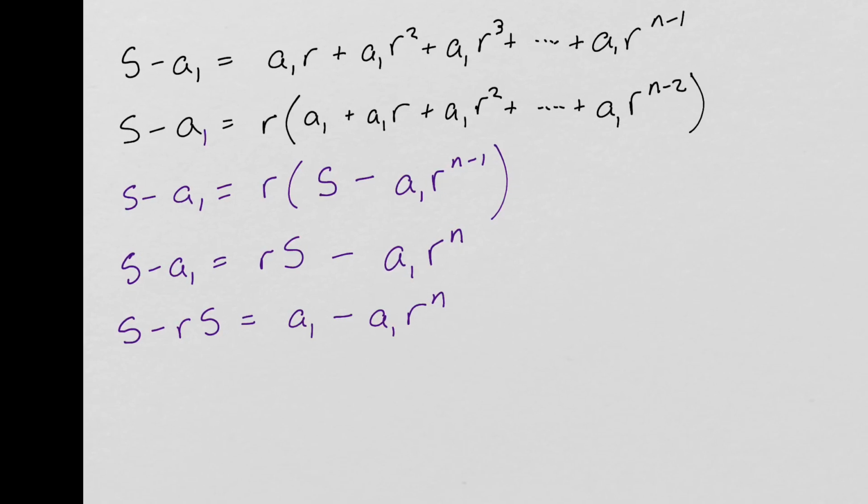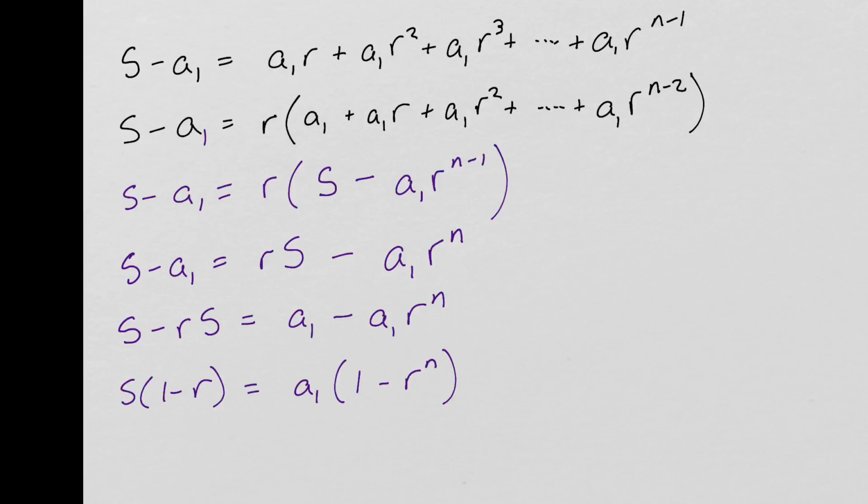We're really, really close. We can write S times 1 minus R, we're factoring out an S, is equal to A1 times 1 minus R to the n. So just factoring out an A1 from the right side. Yes, factoring comes up yet again. But it's not even the hard quadratic, 3-term factoring. It's just 2 terms.